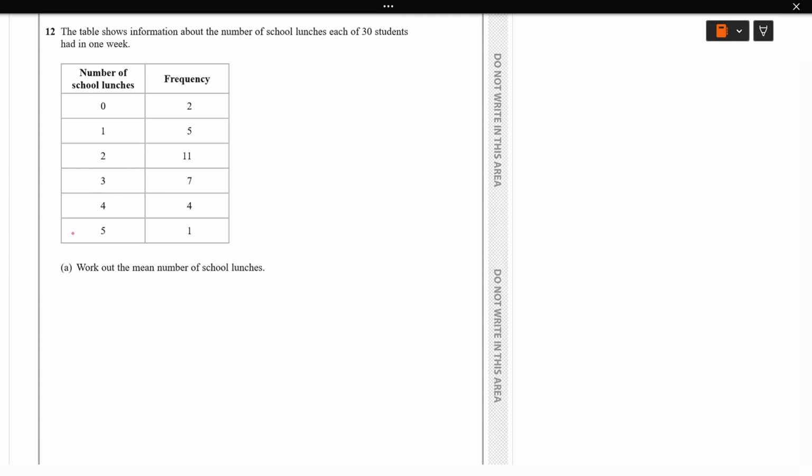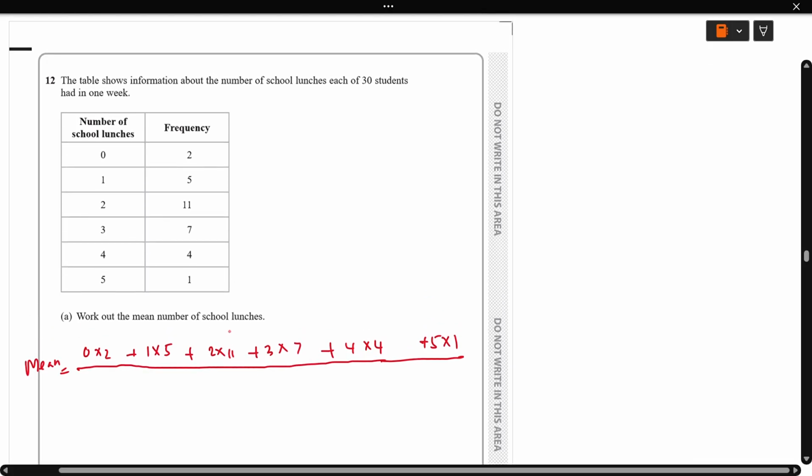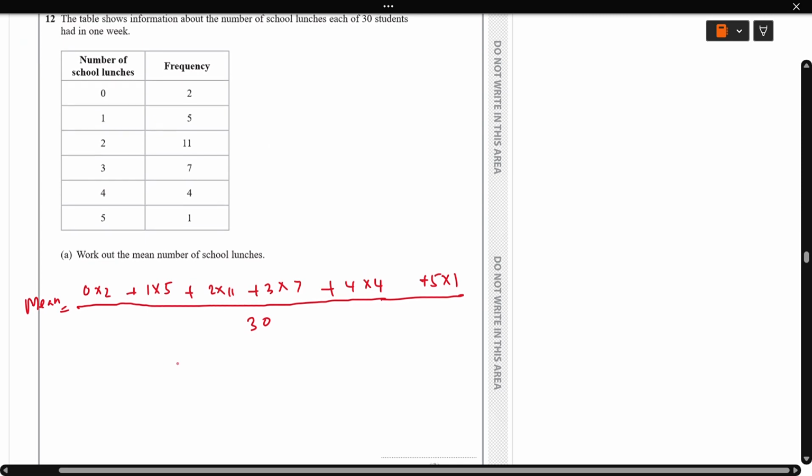So we need to multiply 0 times 2 plus 1 times 5 plus 2 times 11 plus 3 times 7 plus 4 times 4 plus 5 times 1, the entire thing divided by the total frequency, which is 30. We are calculating the mean, so just divide by 30.